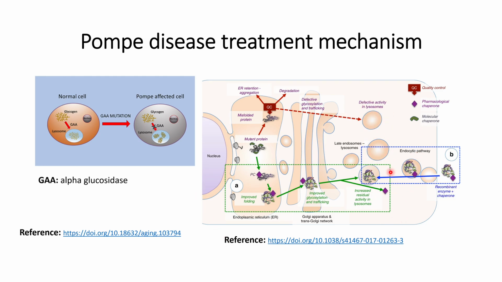Whereas the new approach that is suggested, which includes the recombinant enzyme along with these pharmacological chaperones, might work towards solving the problem that arises because of mutation of the GAA gene.